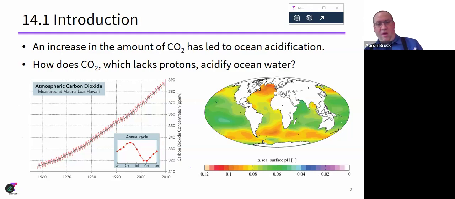So the chapter begins with a question here, and the question is this. We've been able to track the amount of carbon dioxide in the atmosphere for several decades now. And it's not a particularly difficult proposition to recognize that the amount of carbon dioxide in the atmosphere is increasing.